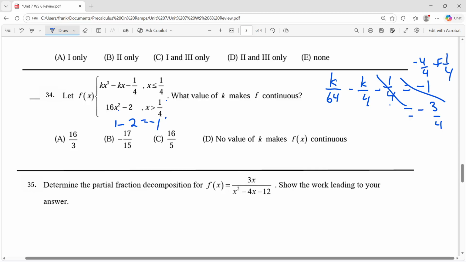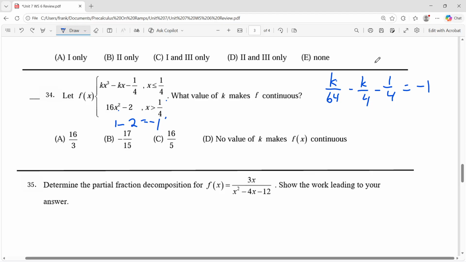I need 64 in the denominator, meaning I have to multiply by 16. 4 times 16 is 64. So this would be minus 16k. So k minus 16k, all divided by 64, equals negative 3/4.